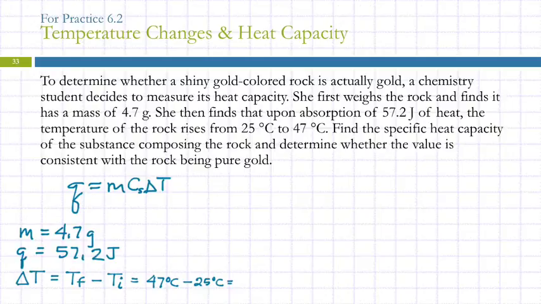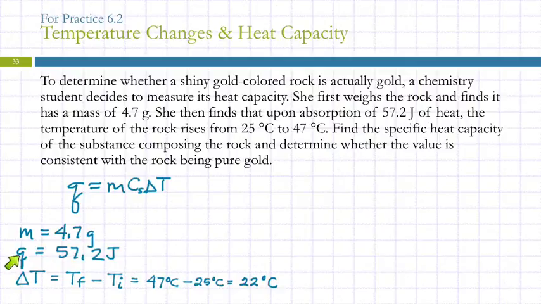Some people even call it S. So I'm going to try to be consistent with the book, but I might mess up. Okay, so 47 minus 25, I believe that's 22 degrees Celsius. You can have a negative temperature change. Negative temperature change means that the temperature went down. Positive means the temperature went up.